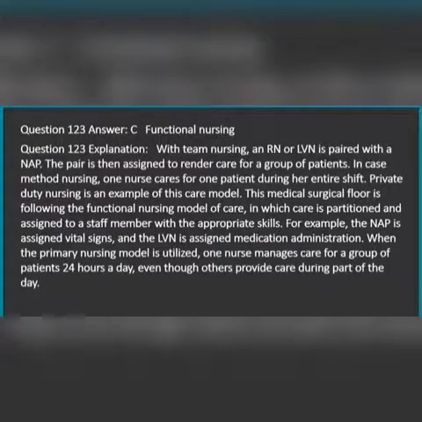This medical surgical floor is following the functional nursing model of care, in which care is partitioned and assigned to a staff member with the appropriate skills. For example, the NAP is assigned vital signs, and the LVN is assigned medication administration. When the primary nursing model is utilized, one nurse manages care for a group of patients 24 hours a day, even though others provide care during part of the day.